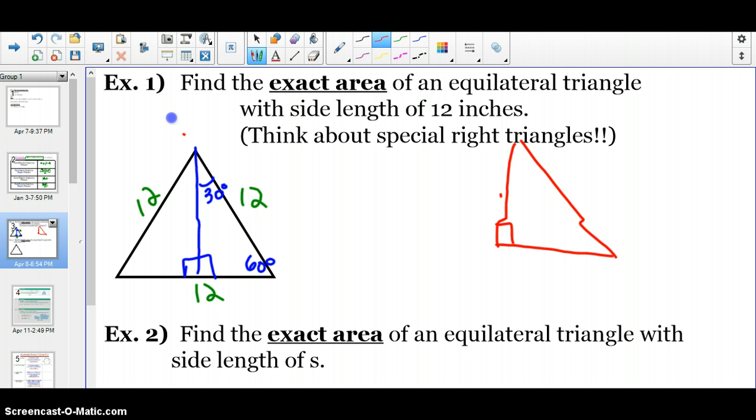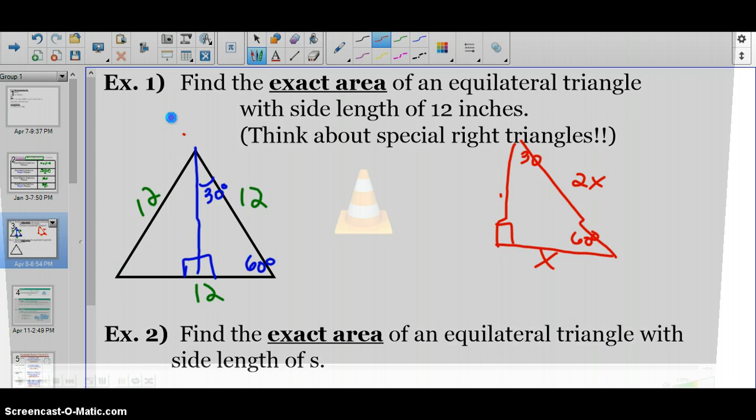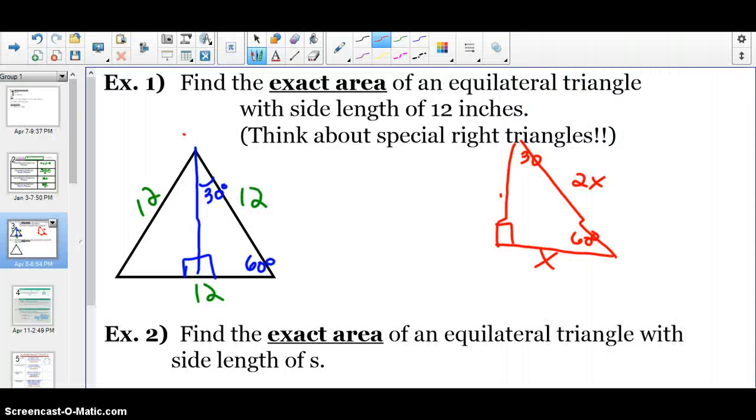Here's your 90-degree angle. Let's say here's your 60-degree angle and 30. Your hypotenuse is always double the shortest side, and then the middle side is just the shortest side times root 3.